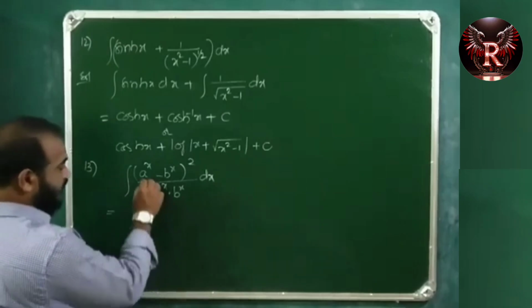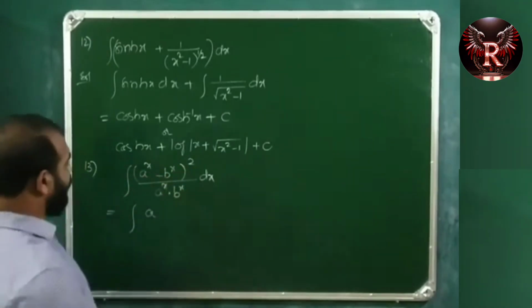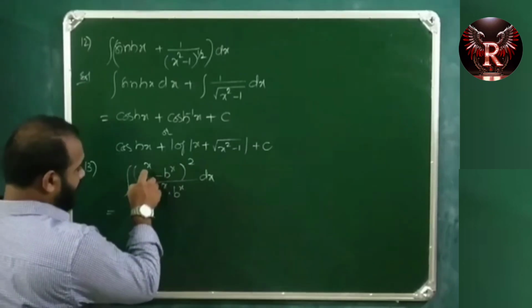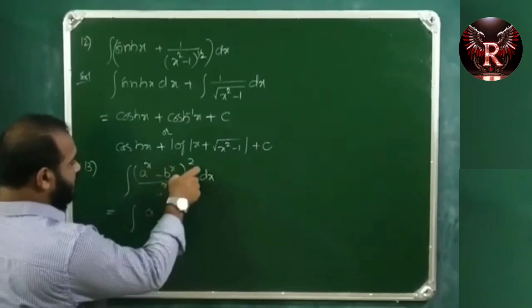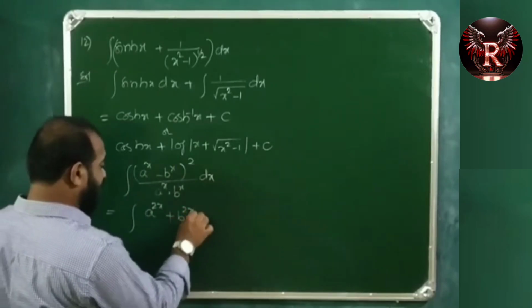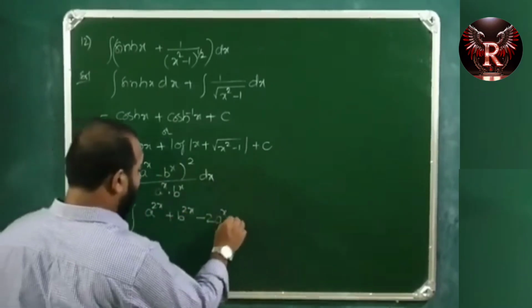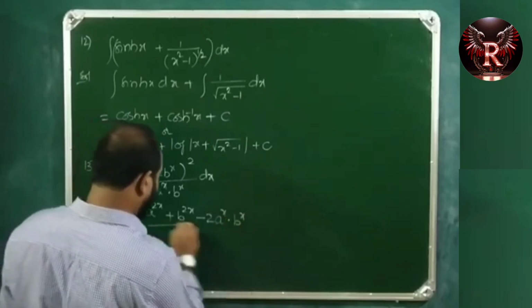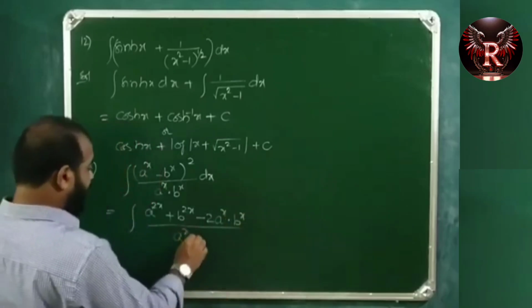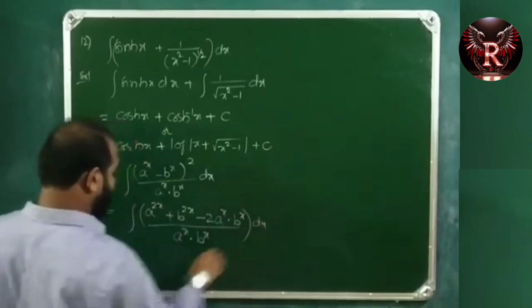So (a power x) whole square, using (a power m) whole power n is a power mn, is a power 2x. This is plus b power 2x, minus 2 into a power x into b power x, by a power x into b power x, whole dx.